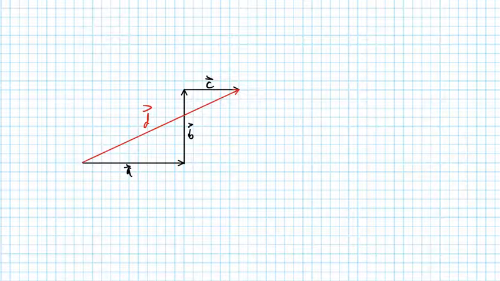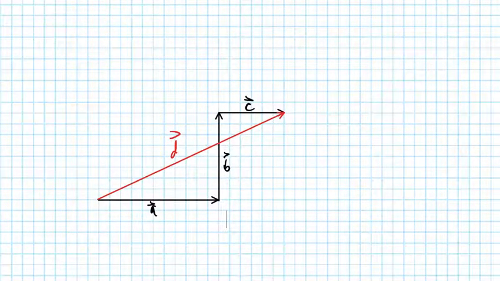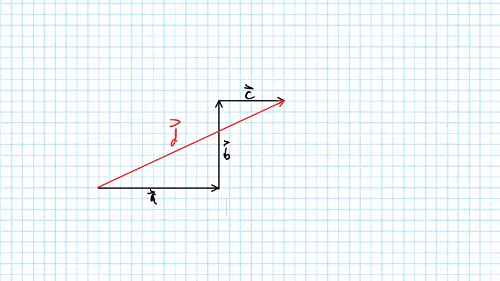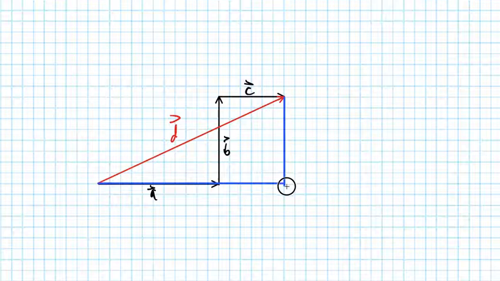So if you look carefully, and this is why we do these things using graph paper, you'll actually be able to create a right-angled triangle based on the grid along the x-axis and along the y-axis. So let me show you what I mean by that. I'm going to highlight it in blue. So here is the x part of my triangle, and this represents the y part. So when you look at this, I now have a right-angled triangle here.